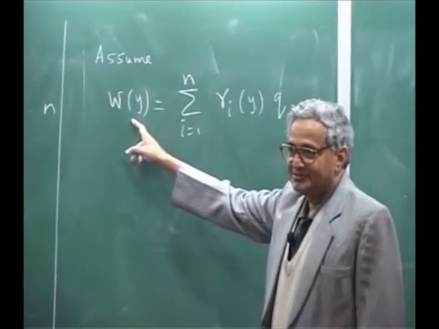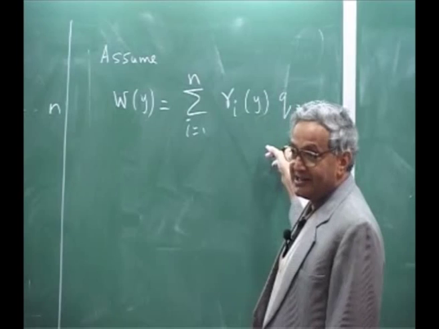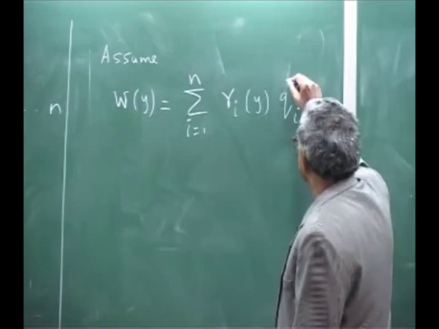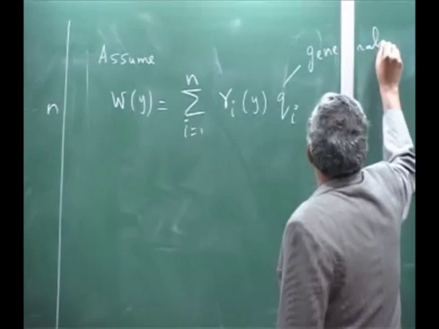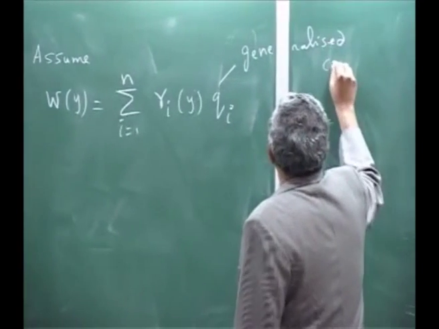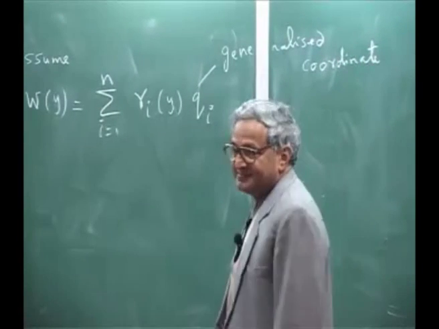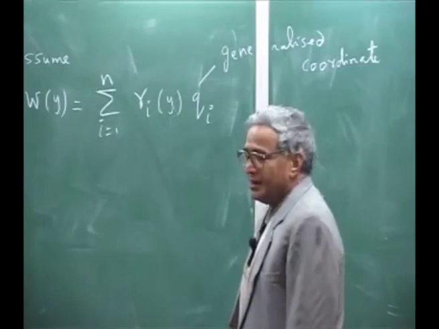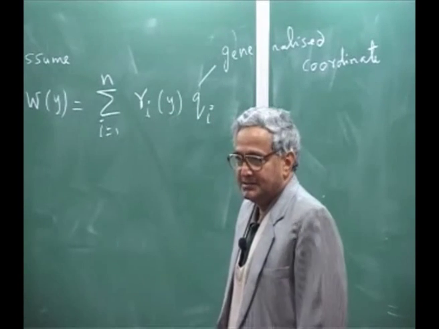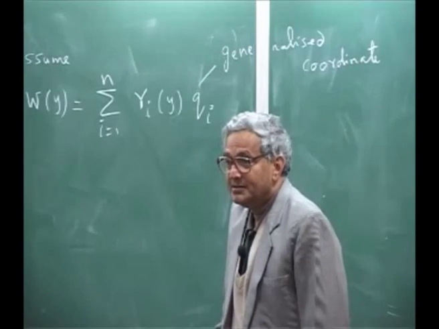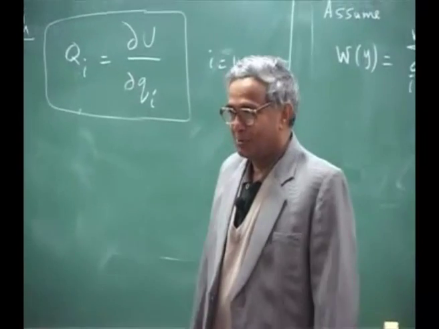That's why W is a function of a generalized coordinate. This is my generalized coordinate. Now what are gamma i's? Gamma i's are my assumed deformation shapes.